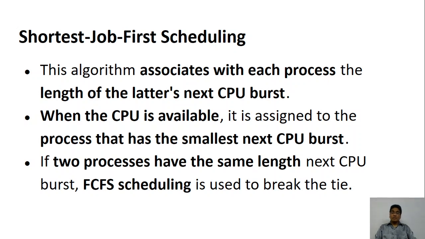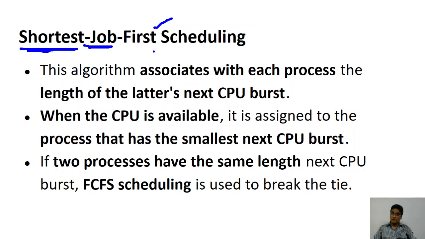If there are 10 processes on the ready queue, we look at all the processes and pick those which have the least time to complete their job. The process that has the shortest time to complete its job will be the first one to be scheduled.